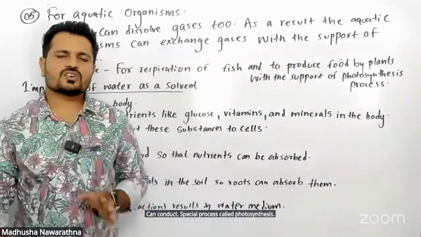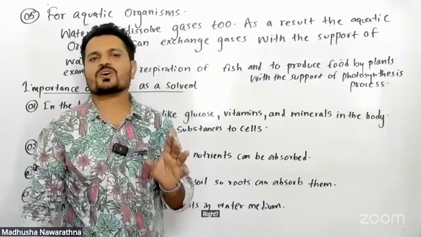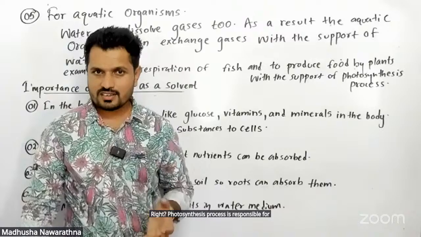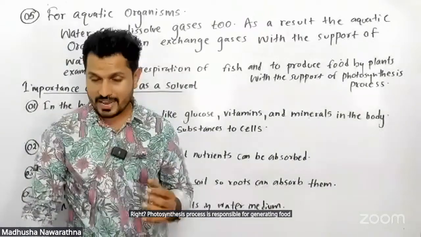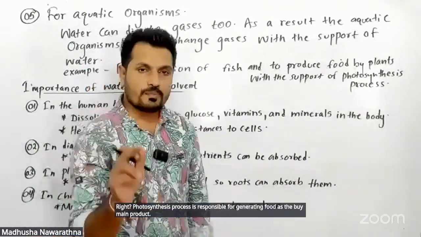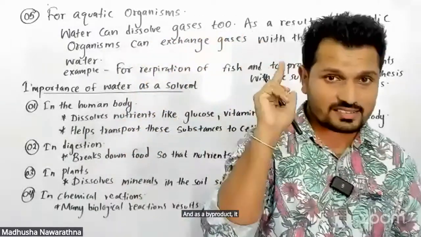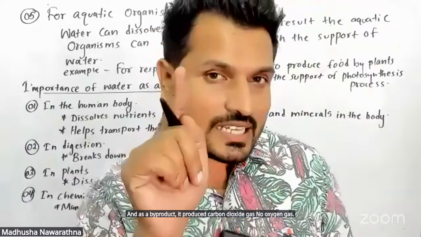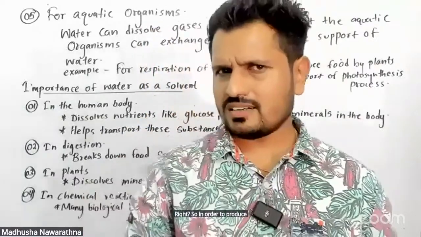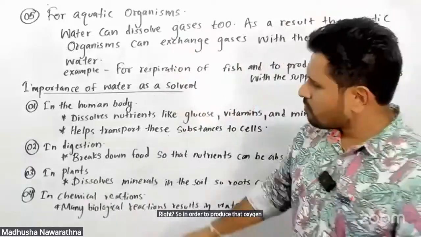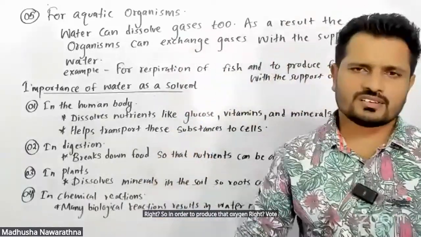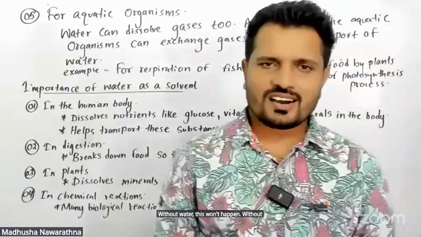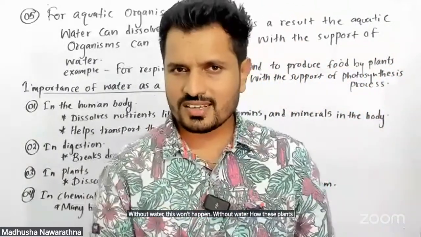Photosynthesis generates food as the main product, and as a byproduct it produces oxygen gas. In order to produce that oxygen, water is very important. Without water, this won't happen. Without water, how can plants survive?